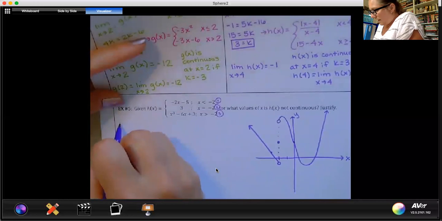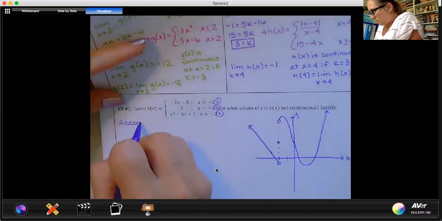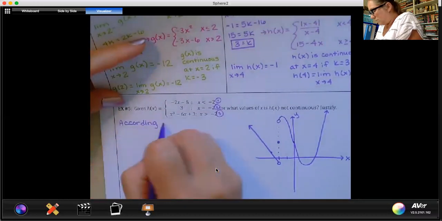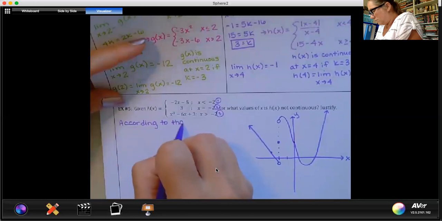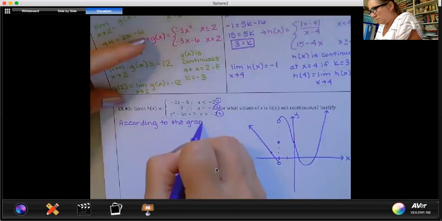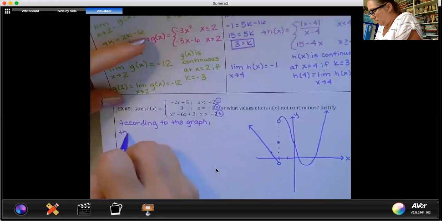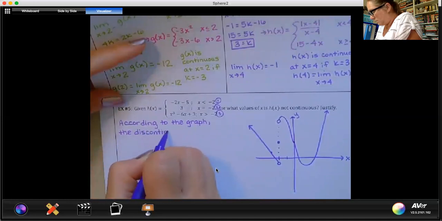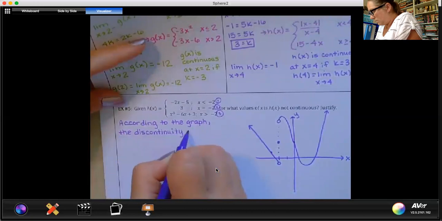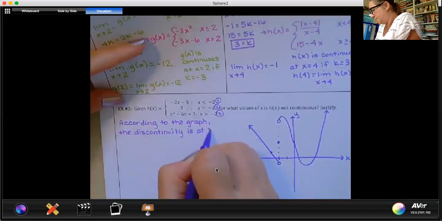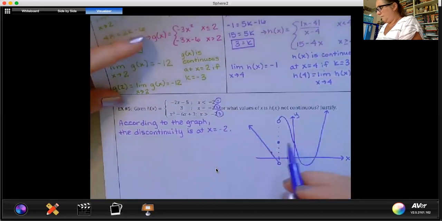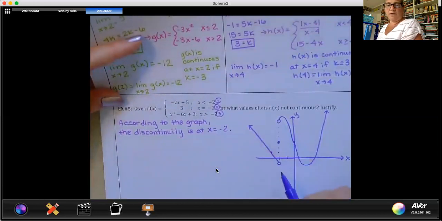So according to the graph, the discontinuity is at x equals -2. You have a functional value, but you have two different y values here.